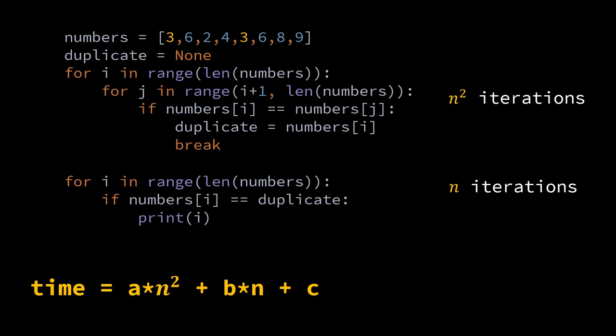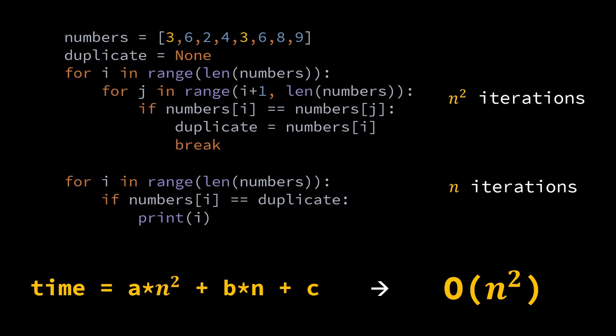Keep the fastest growing term, which is a n square, drop b n plus c, and then also drop the constant, which is a, and then you get order of n square complexity. So sometimes people say the complexity of this program is order of n square plus n, but no, it is order of n square. And I will explain to you why you apply those two rules.